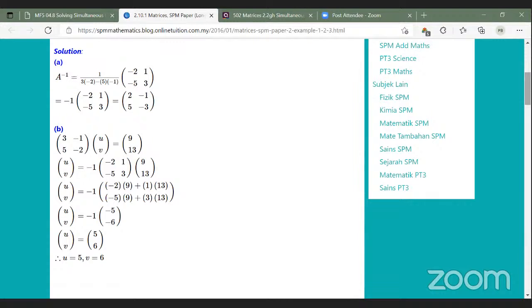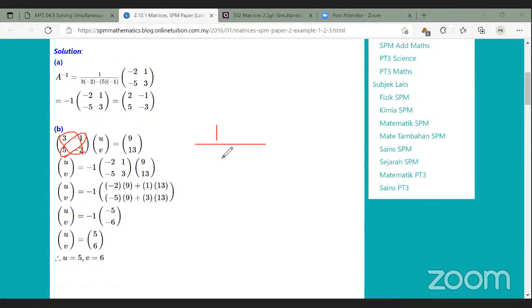I didn't see the negative. Right, so here, basically, you have -2 and 3 and -1 and 5. So your 1 over AD minus BC: -2 times 3 is -6, and then you minus the -1 times 5, you'll get -5.